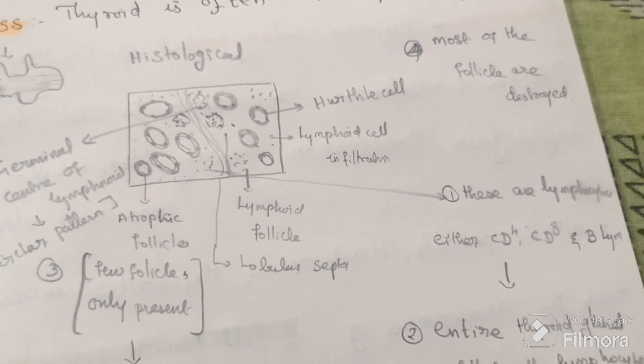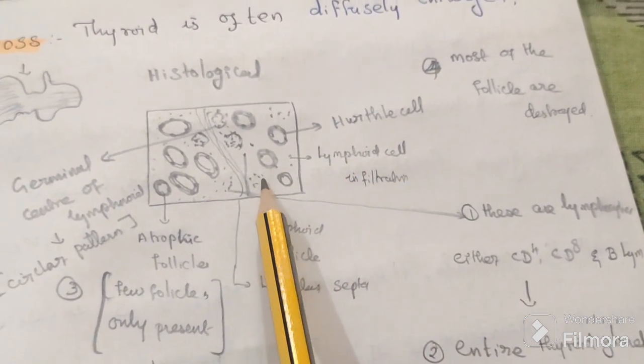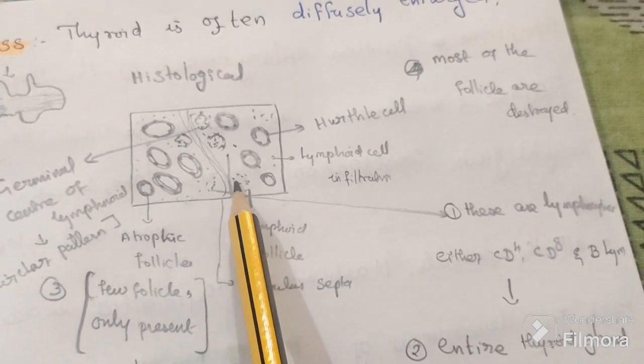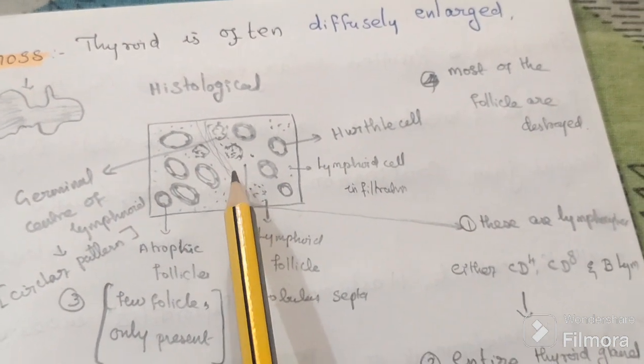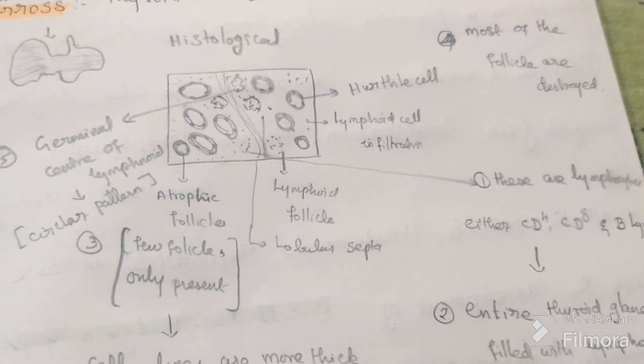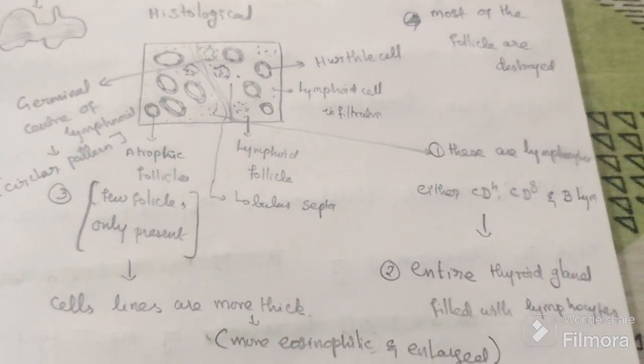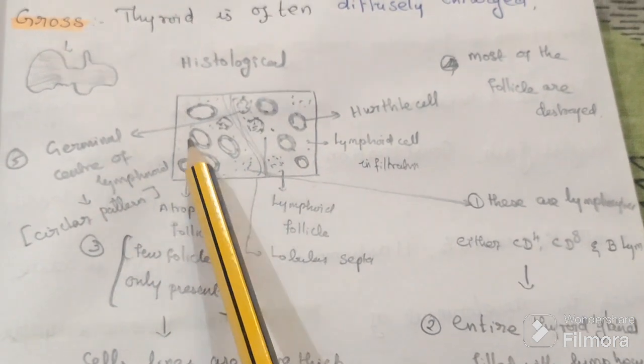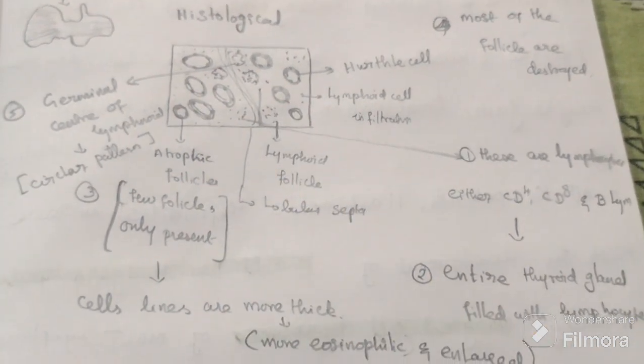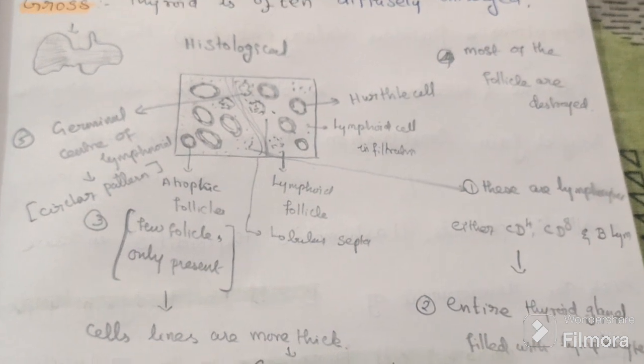Histology. Here these are lymphocytes. It may be CD4, CD8 or B lymphocytes. Then the entire thyroid gland is filled with lymphocytes. Then few follicles.